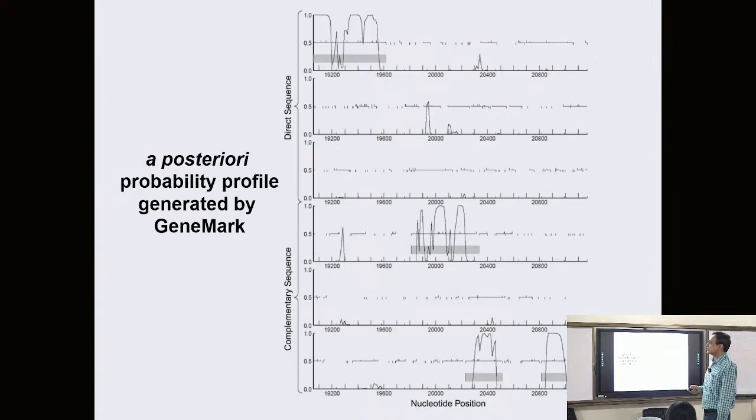Okay, and here is a posterior probability profile generated by the GeneMark program. Actually, you can just Google search GeneMark. You can go there and copy paste a genome sequence, and it will provide you where the genes are located. Okay, so now that you understand, let's look at the profile generated by GeneMark.